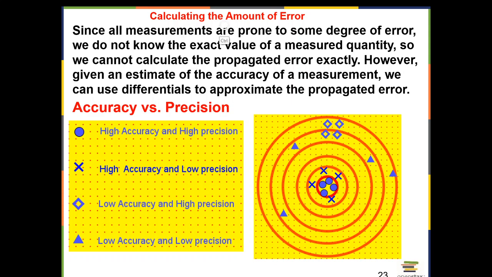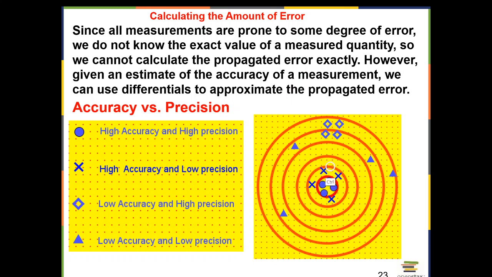Now, before I talk about error in calculations, I want to make sure we understand the difference between accuracy and precision. So accuracy has to do with whether you hit the target or not. Precision has to do with if you do it again, can you get the same number, right? That's precision. So for example, here, you see these blue dots in the middle?